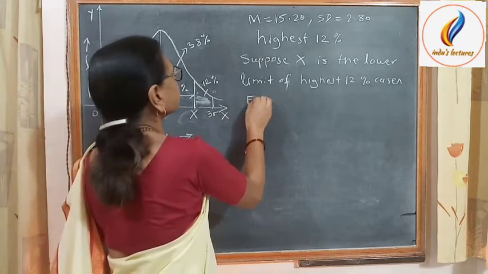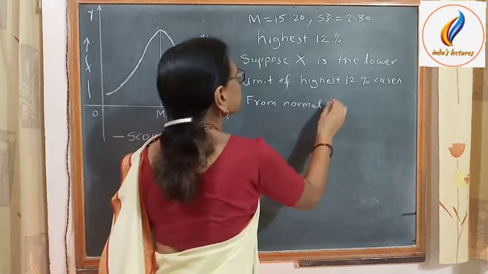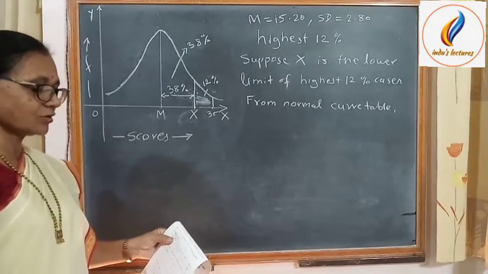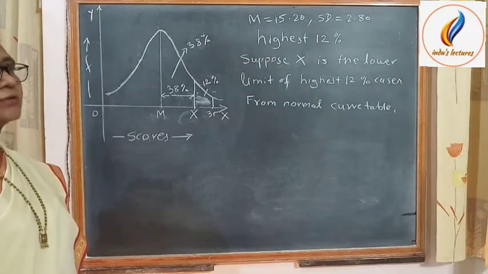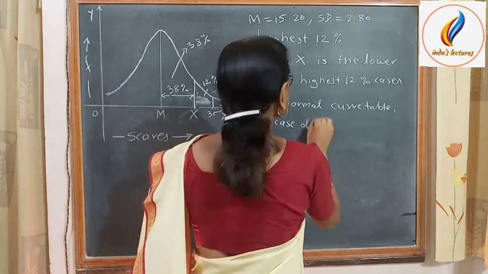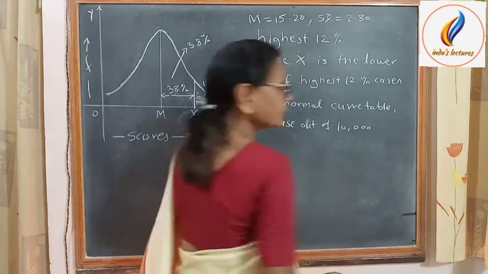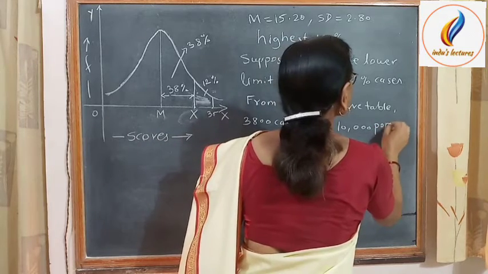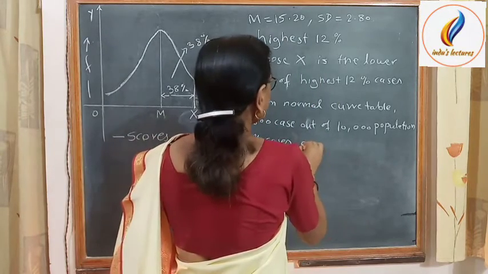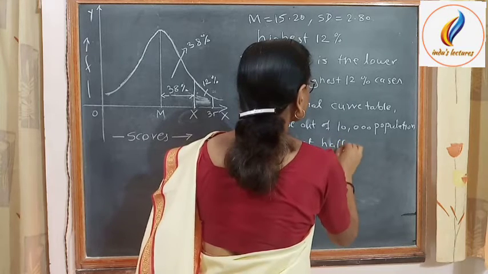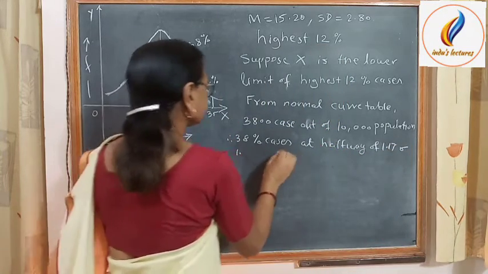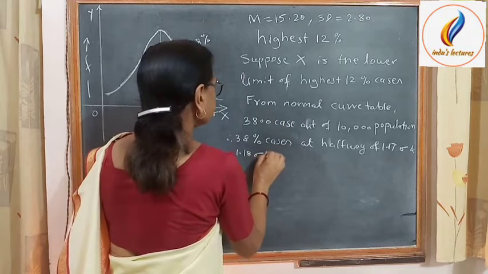From the normal curve table, it can be seen that 38%, or 3,800 cases out of 10,000, is halfway between 1.17 sigma and 1.18 sigma from the mean.